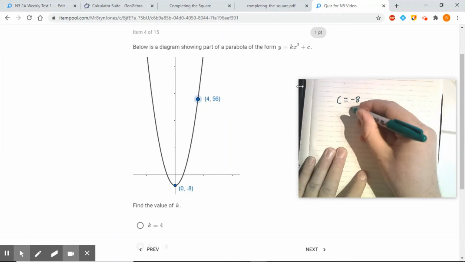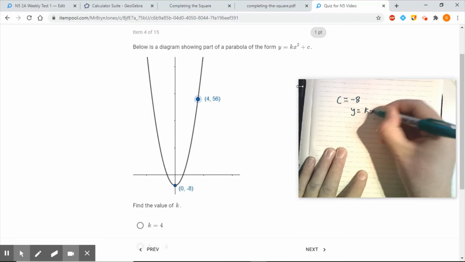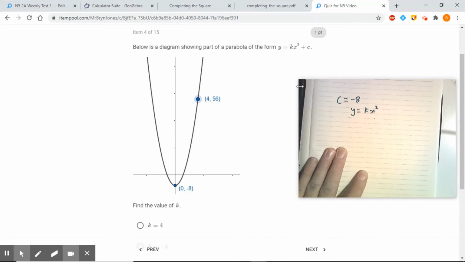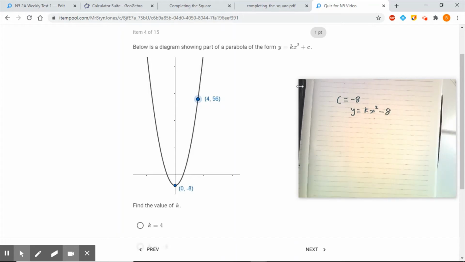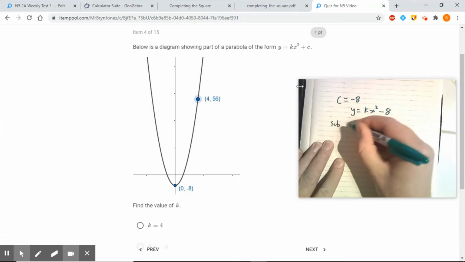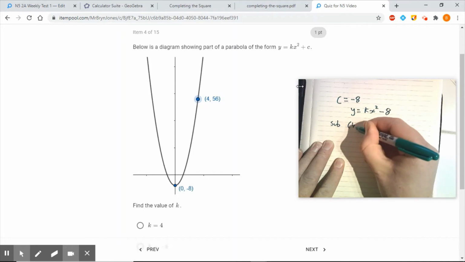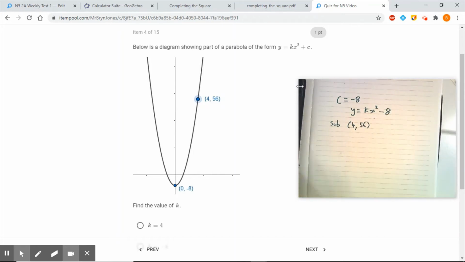So we've got this equation: y equals kx squared, but I'm not going to write plus c, I'm going to write take 8, because c is -8. And again, I can substitute in the point that we know about, the point (4, 56).